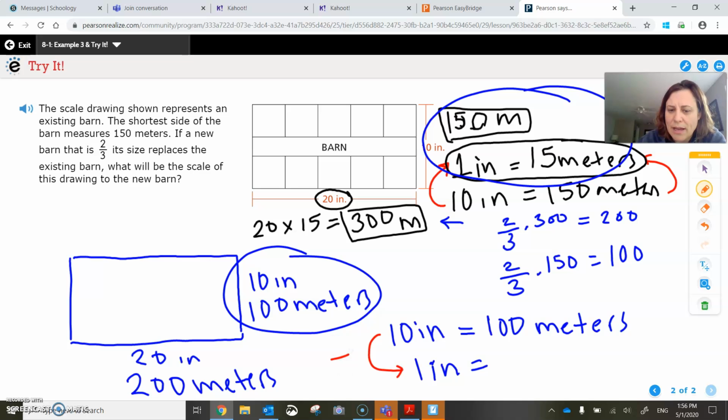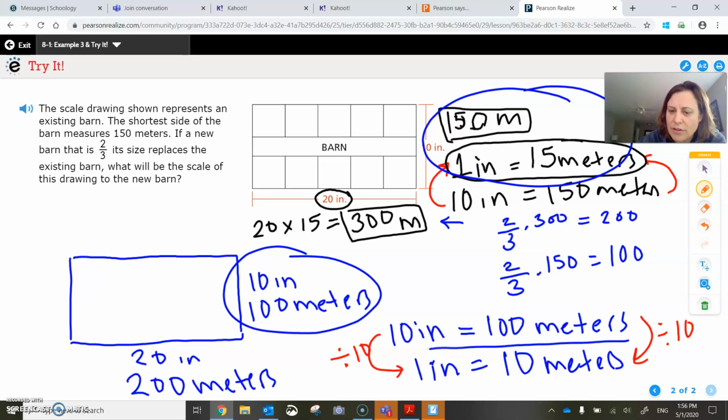You would divide it by 10. So we have to divide this by 10 also. And 100 divided by 10 is 10. So the scale for the drawing compared to the new building, every inch is 10 meters. Okay, so that was Example 3.